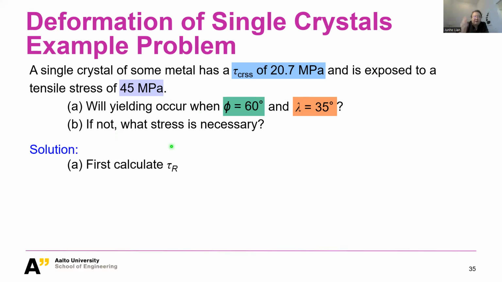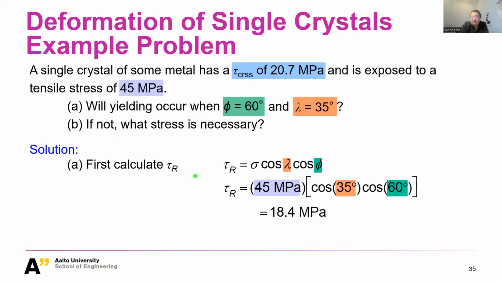For question A, we need to calculate the shear stress, right? This is τ_R, which stands for resolved shear stress. This is not the material intrinsic τ_CRSS. This is just the shear stress that a certain axial stress will generate on your slip system. It's very simple.